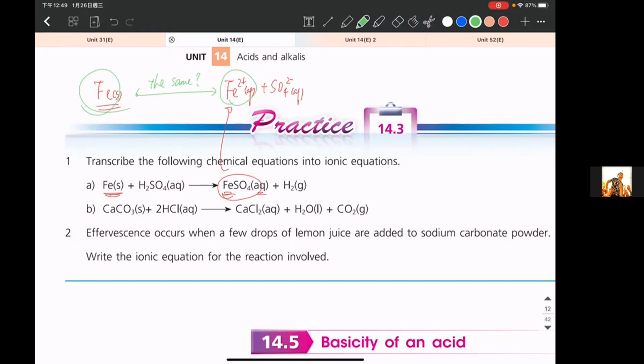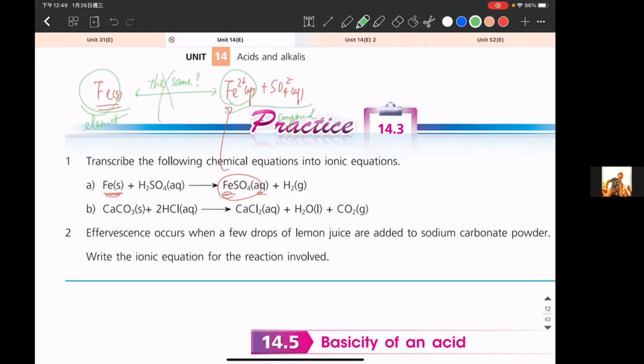No, they are not the same. What is the difference? Iron solid is just an element, while iron 2 ion, the whole thing is a compound. So iron 2 ion is just a part of the ionic compound, right? They are not the same.